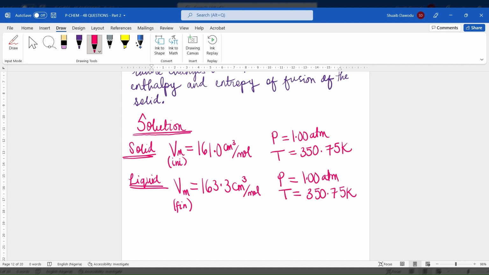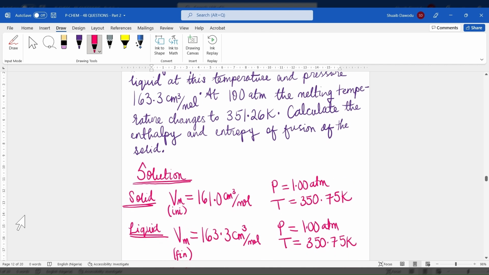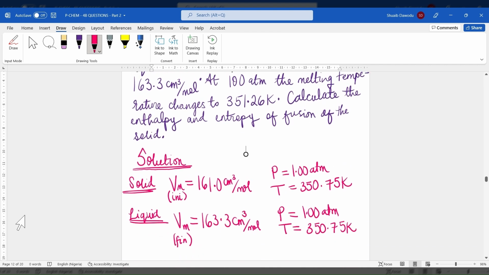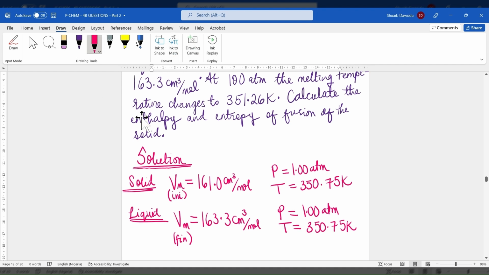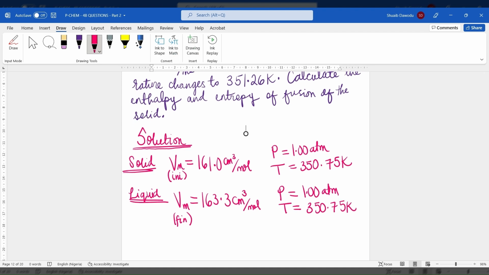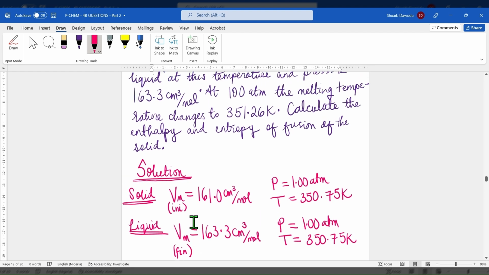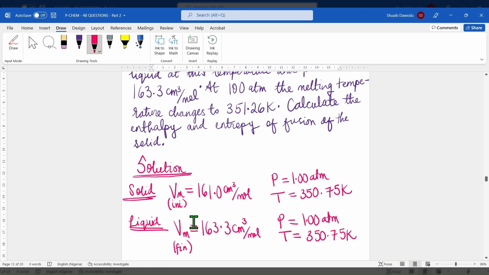Now we're told that at 100 atmosphere, the melting temperature changes to 351.26 Kelvin. So after the process occurred, we have a melting temperature that has changed as well as a melting pressure that's also changed.